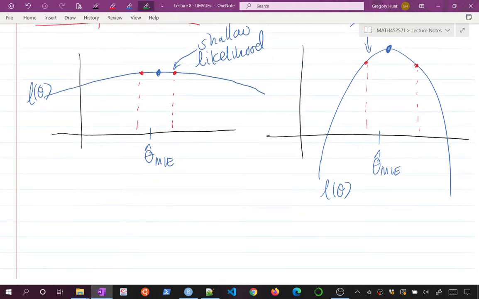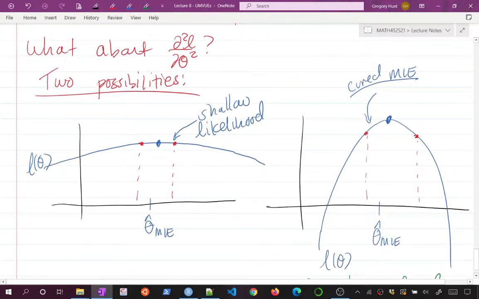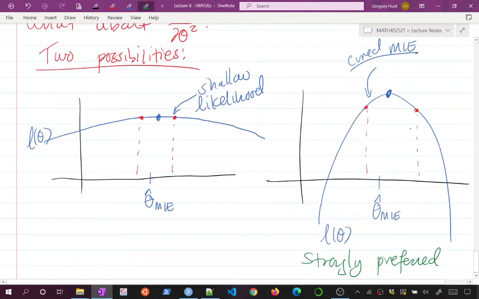So let me actually write this down. This is strongly preferred, right? It's strongly preferred to be at theta hat, at my MLE, than slightly off of it. Because if I go slightly off of it, I end up with a much less likely value of theta.